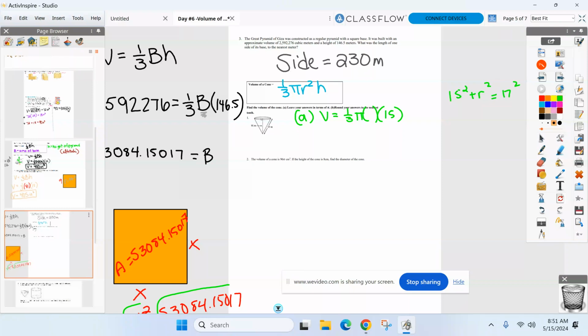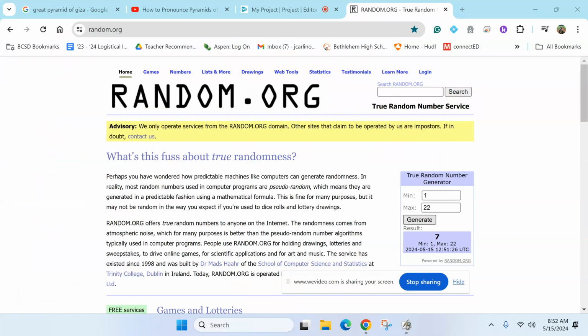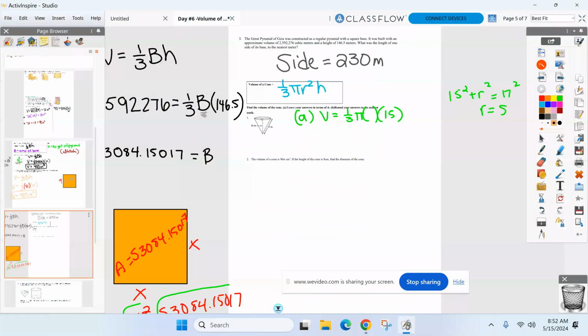I'll ask somebody what you got for the radius here in a second. Shara, radius length when you have it? 8, good work. So let's plug that in for 8.